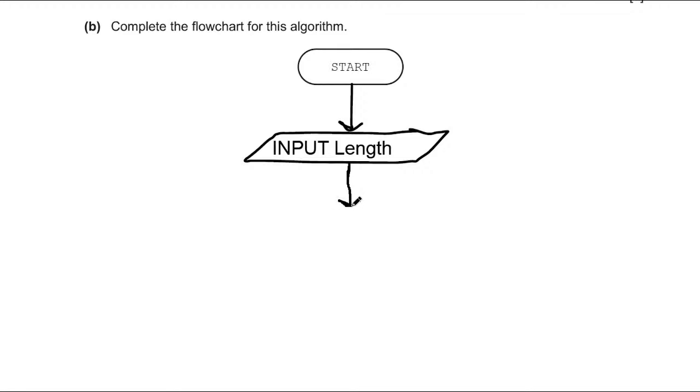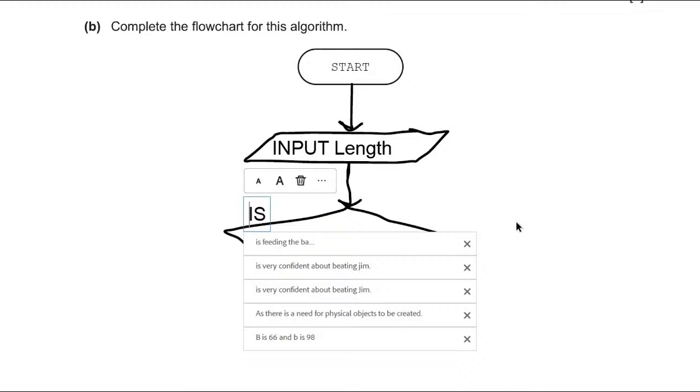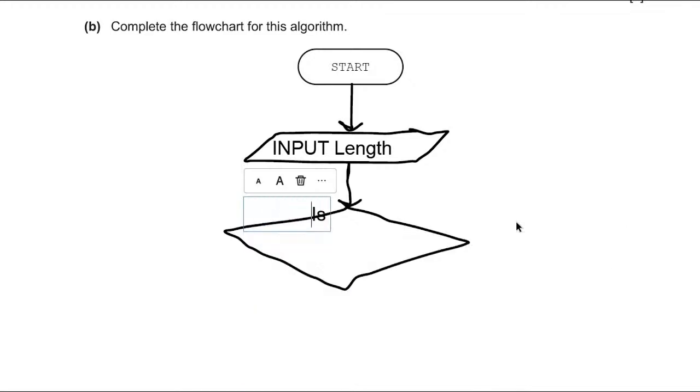So in order to apply a validation check, I'm going to draw a big rhombus or diamond shape, and then inside it I'm going to put my validation check: is length greater than or equal to 0.5 and length less than or equal to 6.